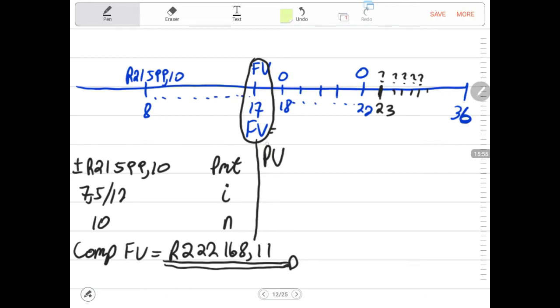It will stay in the account for month 18, earning interest, month 19, earning interest, month 20, earning interest, up until month number 36, it will be earning interest. So that is why now we need to calculate the future value of the previous future value, if I may say so. We're calculating the future value of the previous future value.